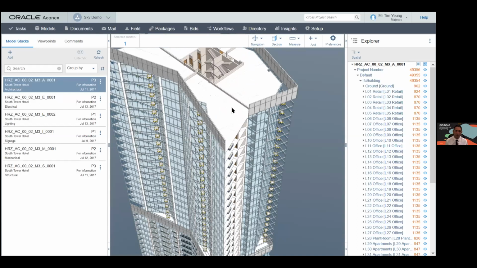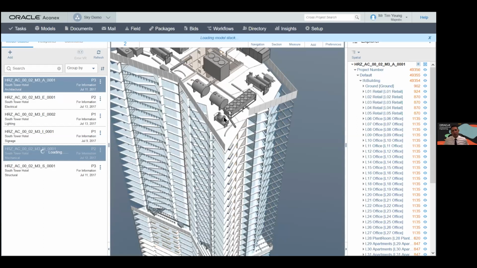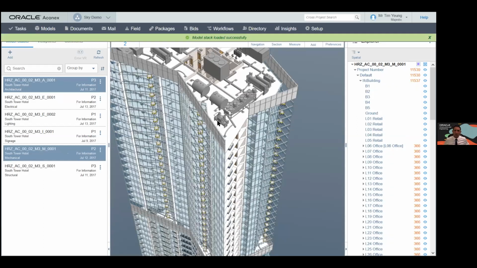Yeah. So what I have done here is I've loaded the architect model, so you can load all of them, but let me just load the mechanical model just for you to view how that works. So as soon as you load a different model, again, the architect model means it's being managed and produced by the architect. The mechanical model means that it's being managed and produced by the mechanical engineer. And more importantly, they could be using different tools.